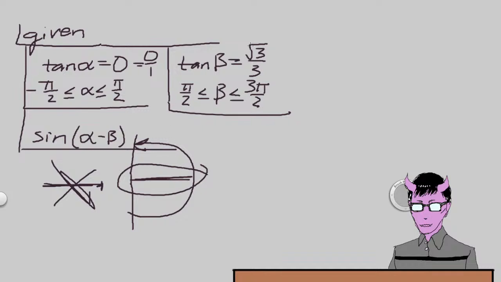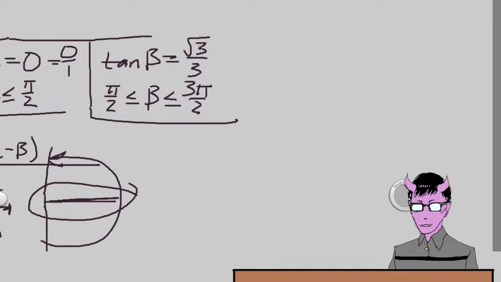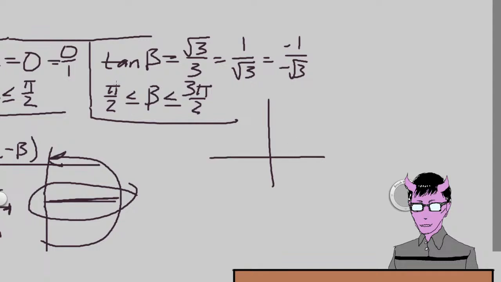Alright, sure. This one, what are we doing here? That's kind of annoying, right? I'm going to change this back to irrational denominator. So 1 over root 3, or it could be negative 1 over negative root 3. But domain restrictions. So we're going from pi over 2 interquadrant here to 3 pi over 2 interquadrant there.